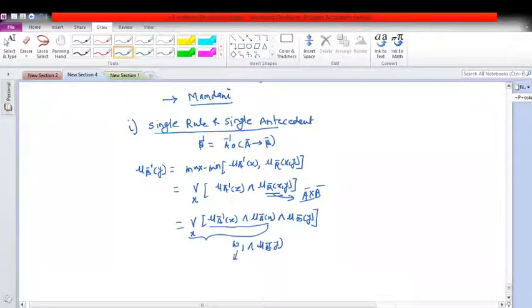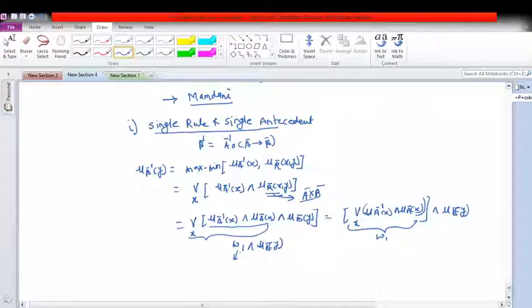So what is this w1? This I can also write as the maximum from the intersection of mu a bar of x with mu a bar dash of x. Do the intersection and select the maximum, which I'll represent with w1, and then I will have the intersection on mu b bar of y.